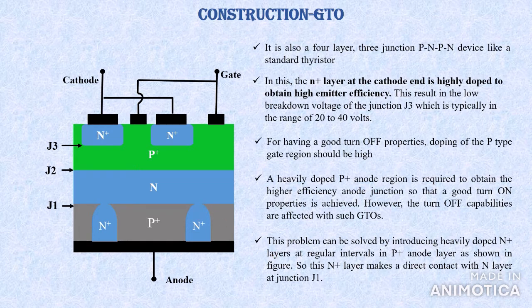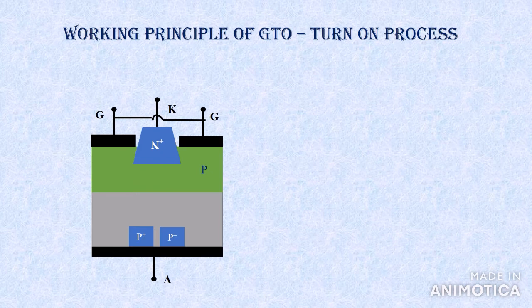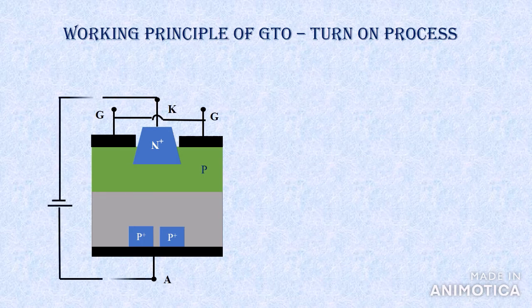Next we'll see the working principle of GTO, the turn-on process, how the GTO gets turned on. Initially a voltage is applied between the anode and cathode terminals with the anode made positive with respect to the cathode. Similarly, another voltage source is connected across the gate and cathode terminals with the gate positive.